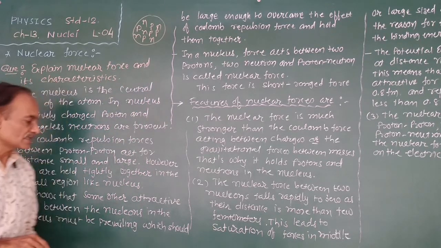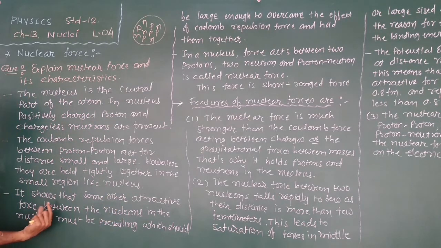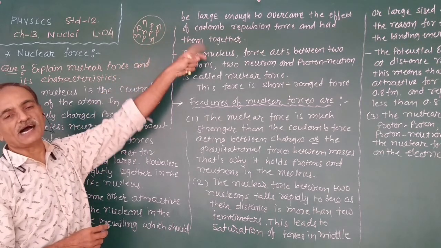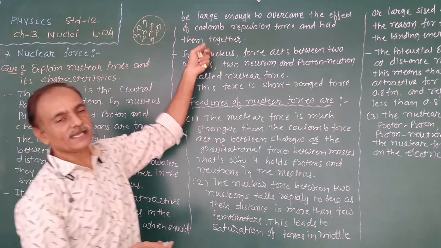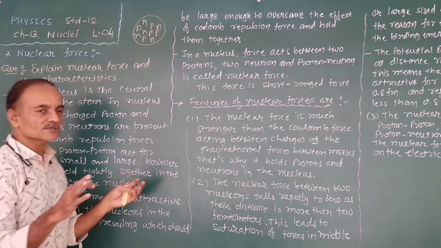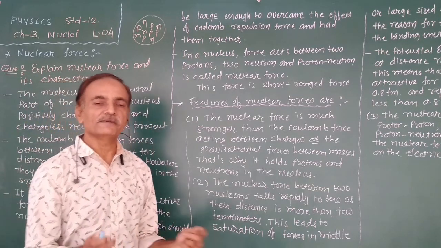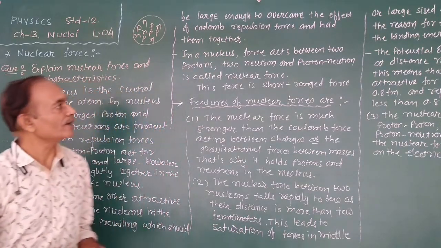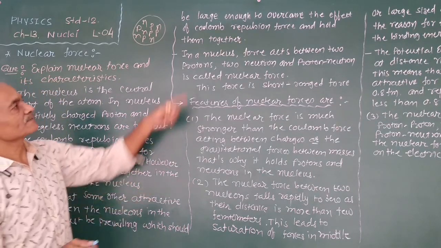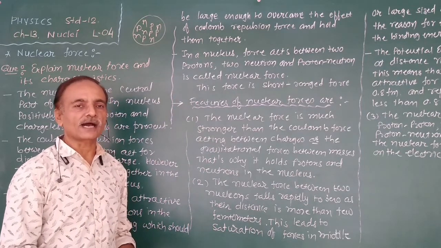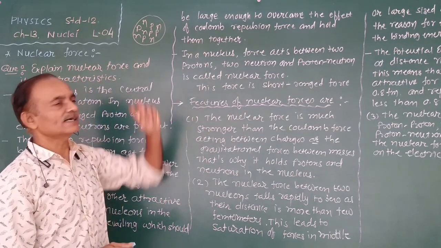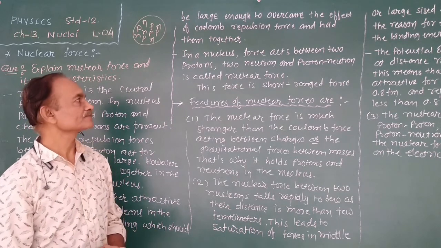It shows that some attractive force between the nucleons in the nucleus is prevailing, which should be large enough to overcome the Coulomb repulsion force and hold them together. So some force of attraction must be exerted between proton and neutron, and neutron and neutron, which overcame the repulsion force. As a result, neutrons and protons are held together inside the nucleus.